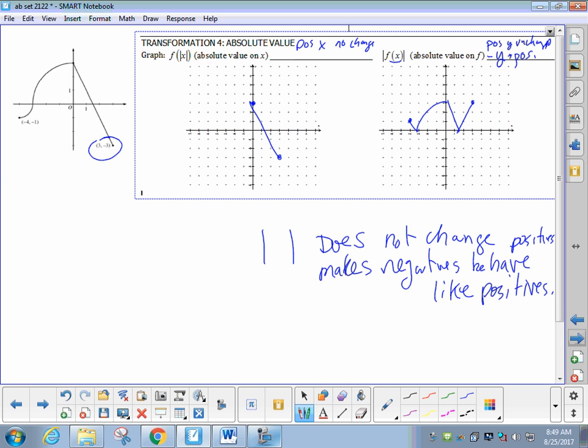Now this is the part that's hard. Negative x's will be made positive, and so they're going to behave like positive x's. But then those are put into the function. So that's what makes this kind of funny here. Look at this point here. If I put in -4, absolute value comes first.